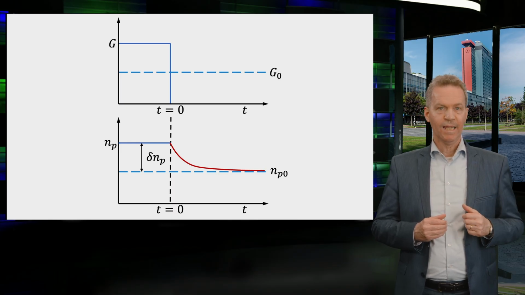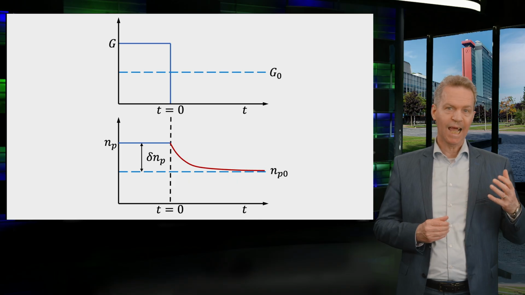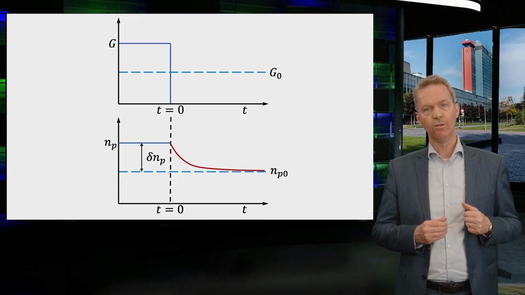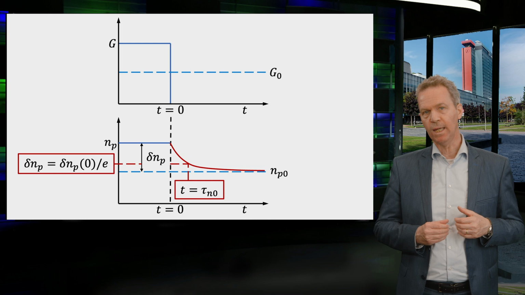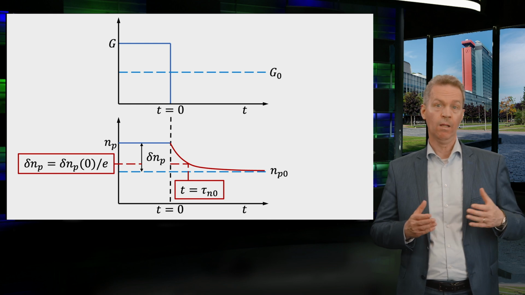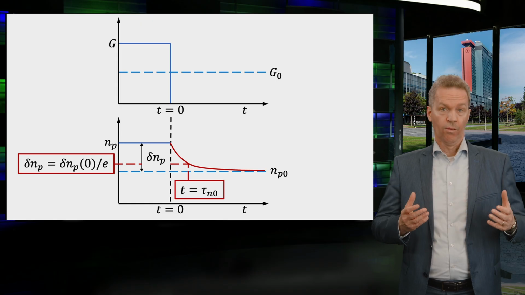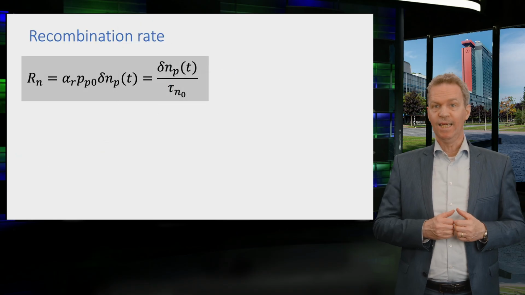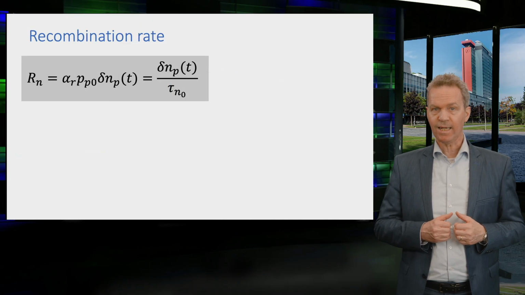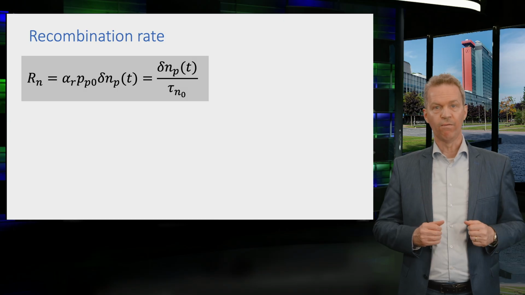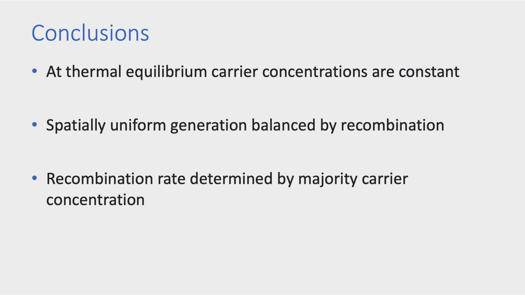This lifetime indicates the time needed for the excess electron concentration to drop to 1 over e of the initial concentration, with e in this case the Euler number. The recombination rate is then equal to the instantaneous excess concentration divided by the lifetime.